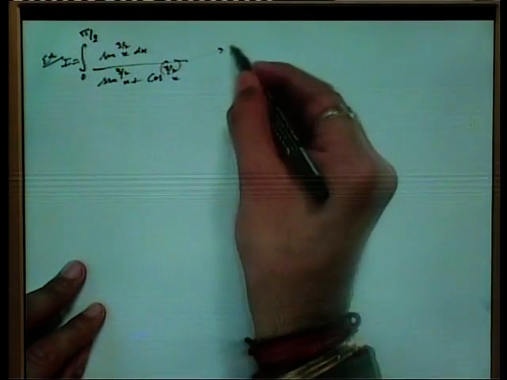So we use the properties of definite integral. The power is 3 by 2, this power is a fraction.